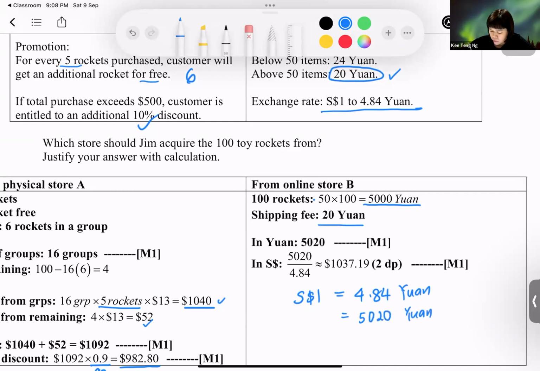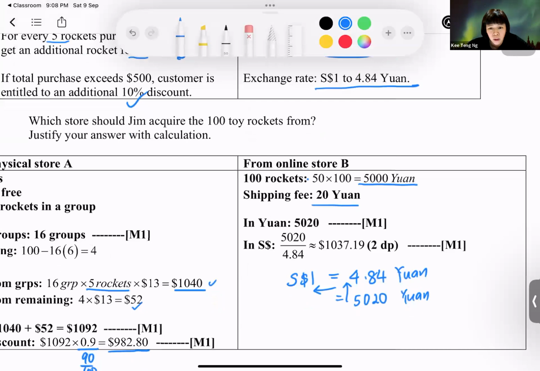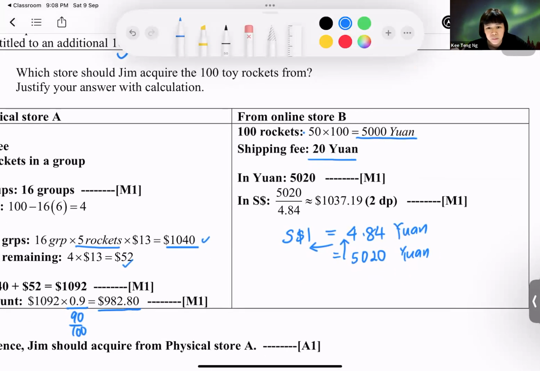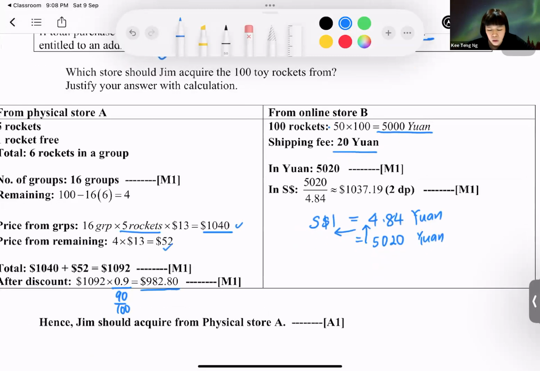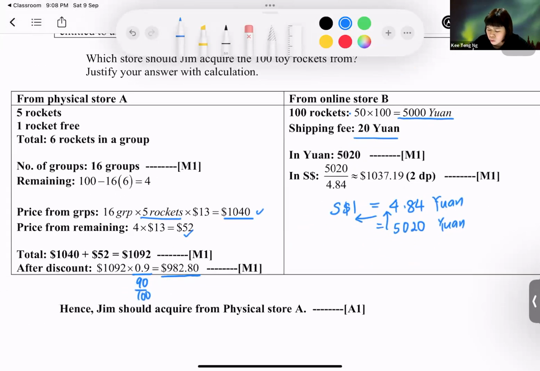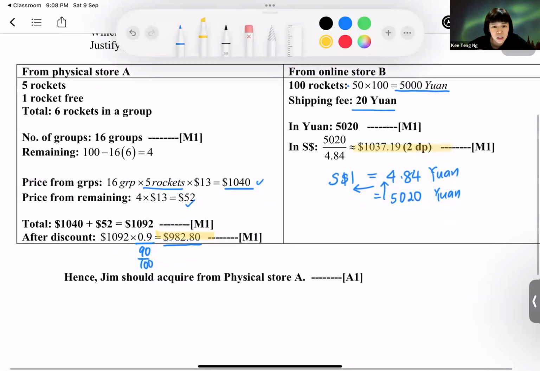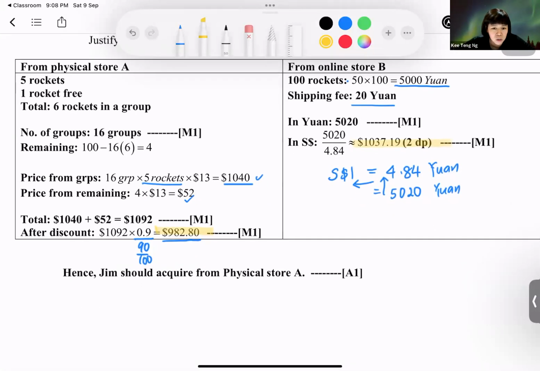So I divide by 4.48, times 1. That gives me 1037.19 to 2 decimal places. Then we compare these two numbers. Which one should she buy from? The physical store, store A, because it's cheaper.